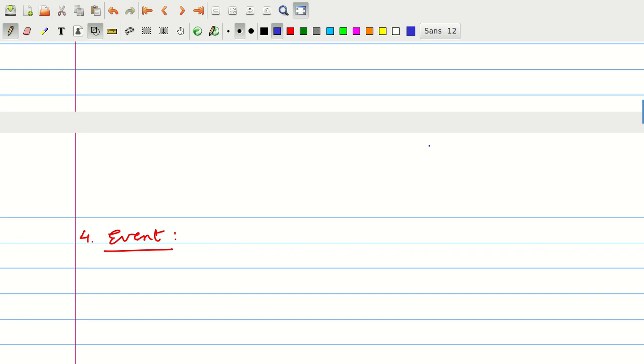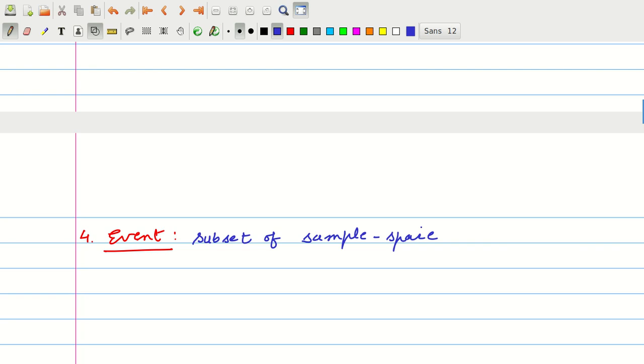The next term is event. An event is simply a subset of sample space. Strictly speaking, an event is that subset of sample space which can be assigned a probability.